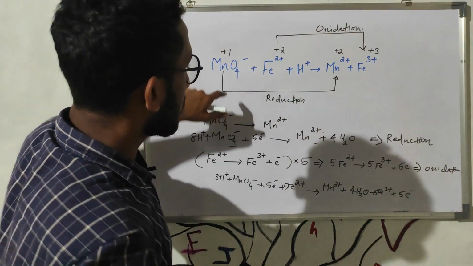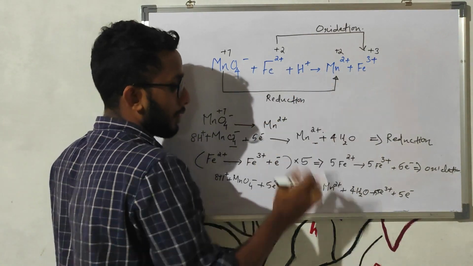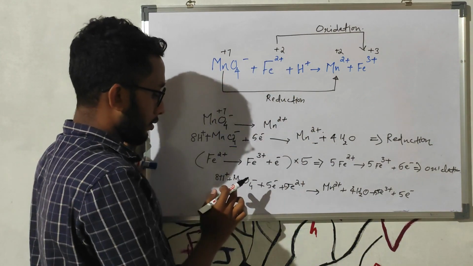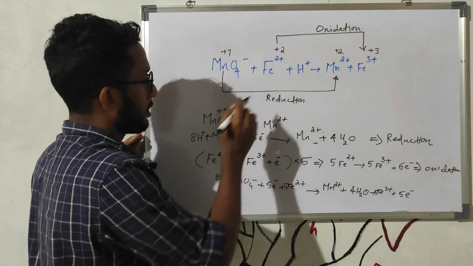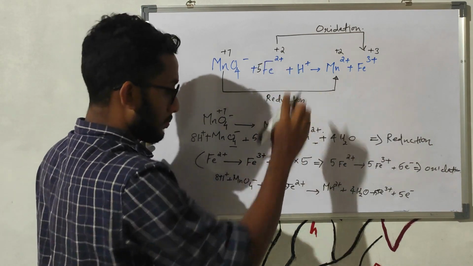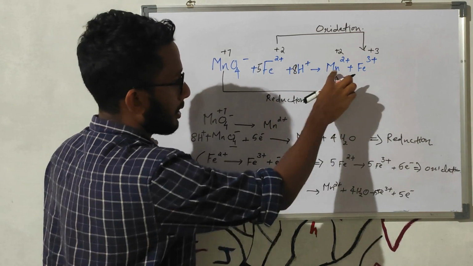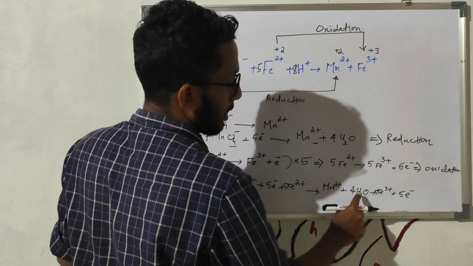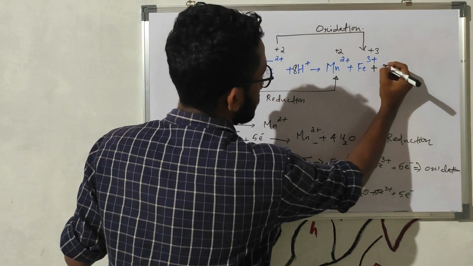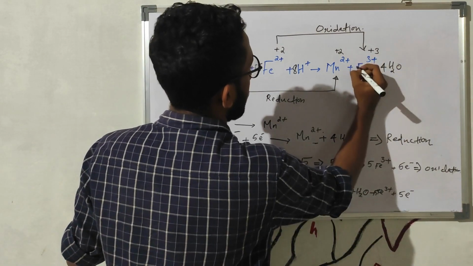So we have to add the coefficient of each component from this equation. MnO4 minus has coefficient 1 and Fe2 plus has coefficient 5. H plus has 8, Mn2 plus has coefficient 1, then 4H2O and 5 Fe3 plus.